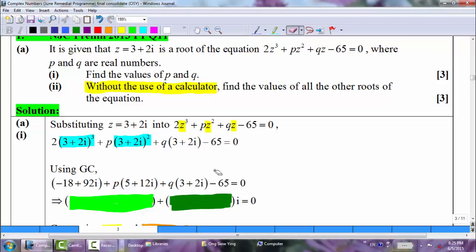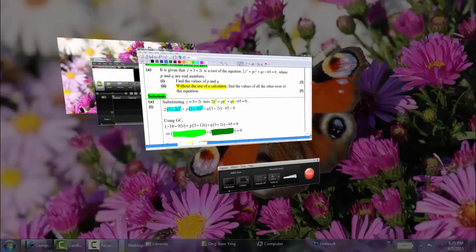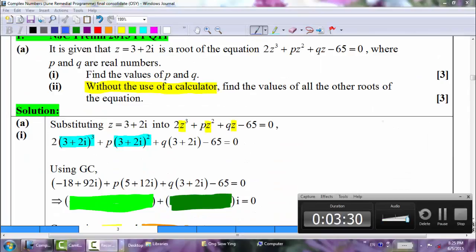But how do you solve for two unknowns when you have one equation? Just remember, complex numbers have one special property: they consist of two parts, real and imaginary. So it's similar to a vector equation.